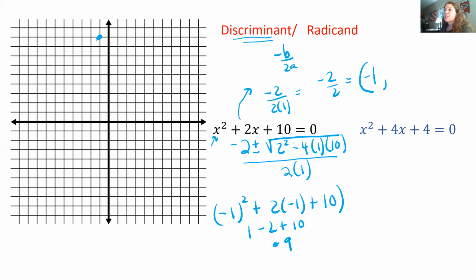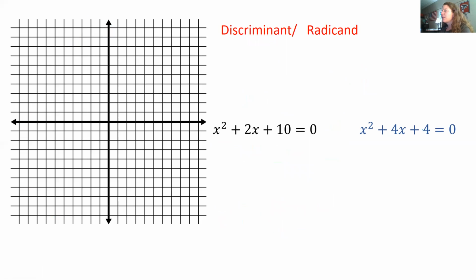So that's the vertex way up there, you guys. And guess what? It will go upward, which means it makes sense that I ended up with a negative number under my radical, because this parabola will never cross the x-axis. Okay? So that's what happens when you get a negative under there.